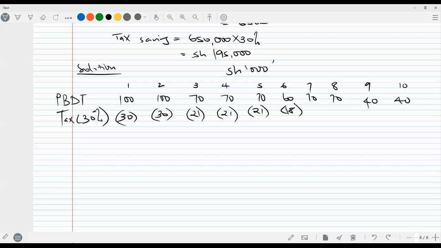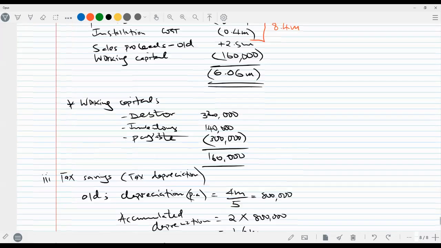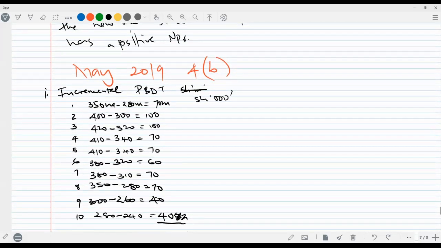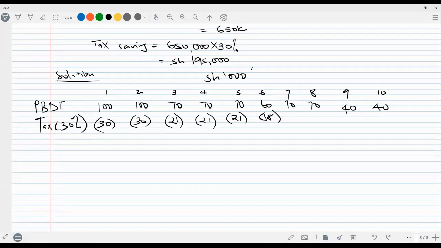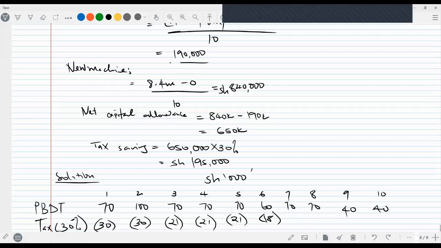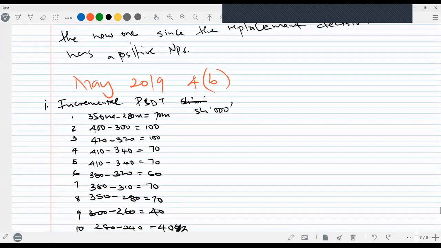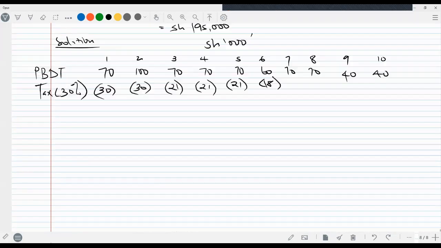Excuse me, Year 1 was 70. Did I confuse something here? Let's see. This was 70. Year 2 is 100, Year 3 is 100, Year 4 is 70.